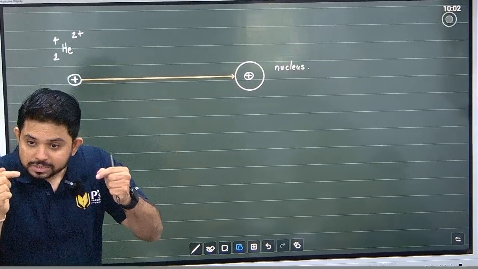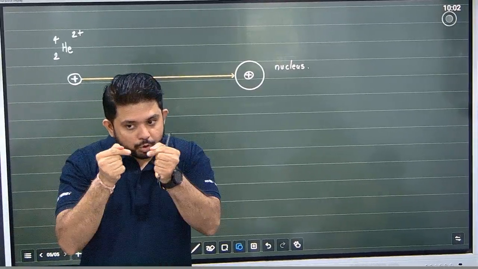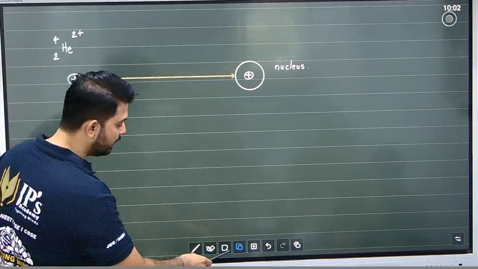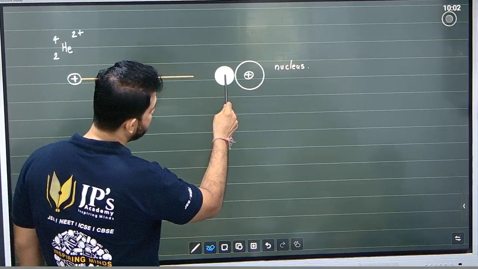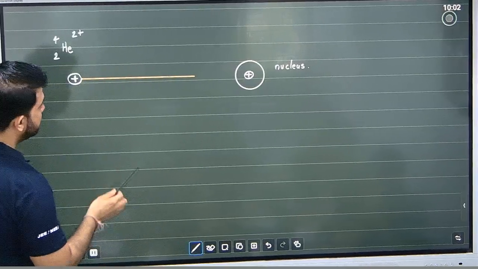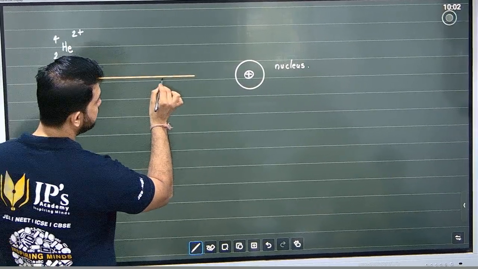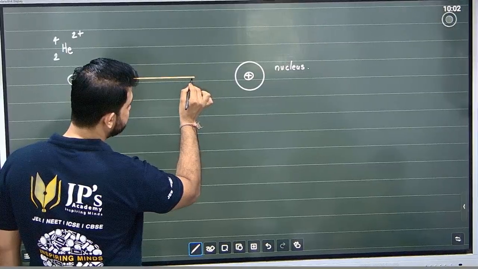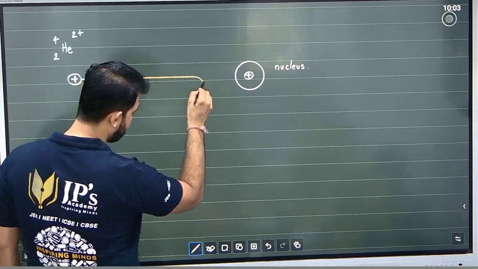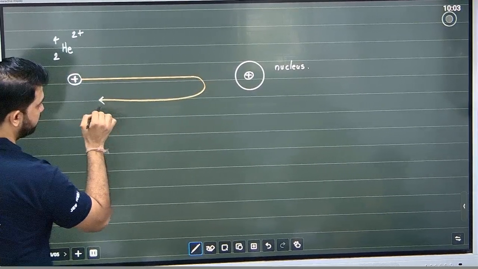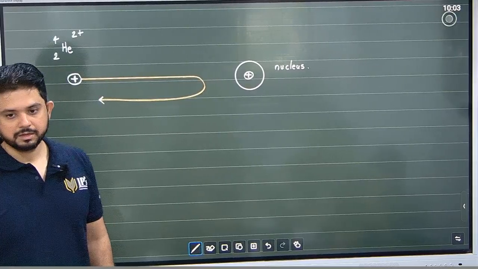How close can you bring the same poles of the magnet? Similarly here, how close can the alpha particle come? Because the alpha particle came, this was the maximum, and what will happen from here? It bounced back.